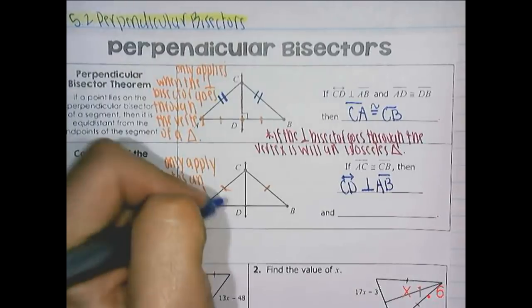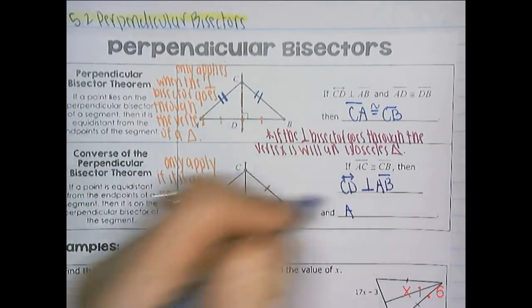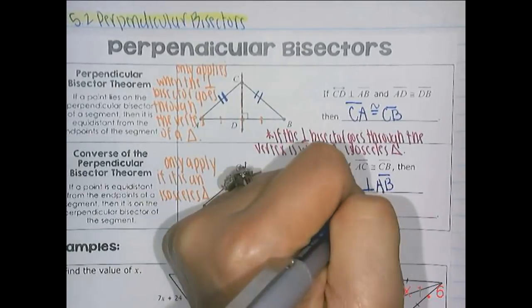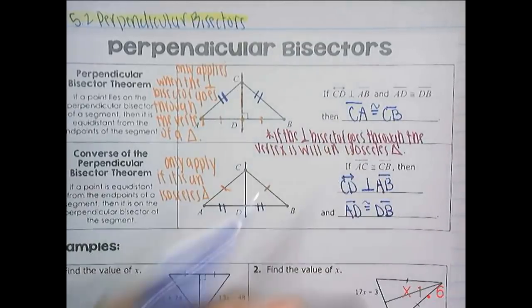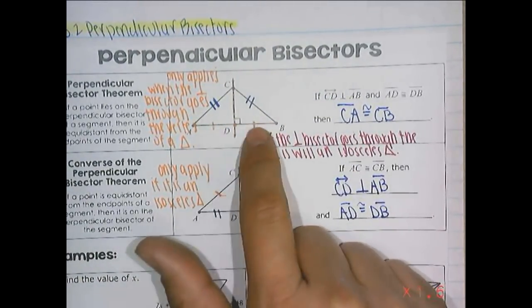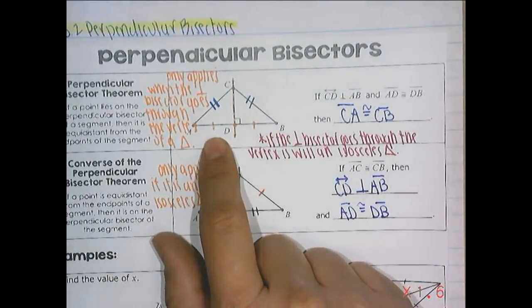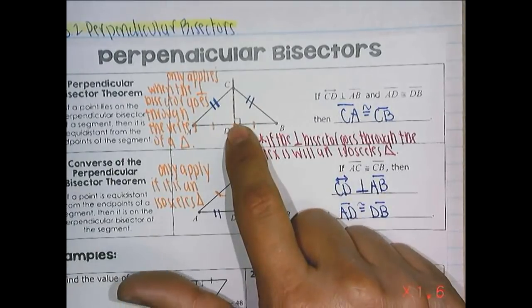And that we can now say AD is going to be congruent to DB. The gist of it is, it's a perpendicular bisector, it cuts these two sides in half. These two sides will be congruent, and this will be 90 degrees.